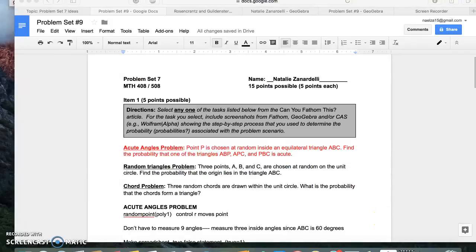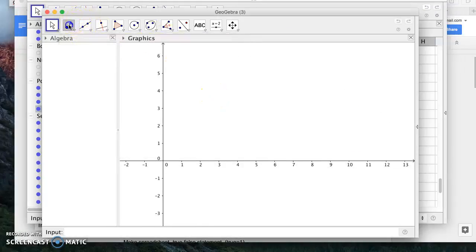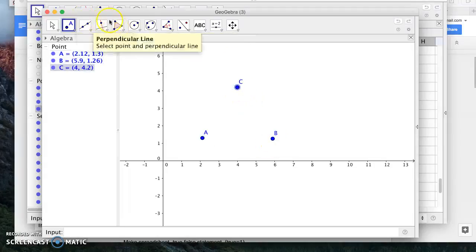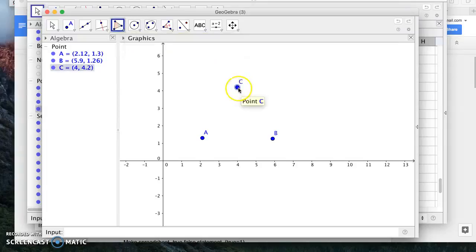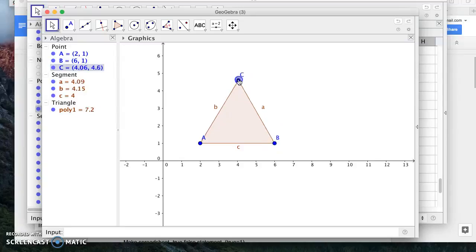So first, I decided to make the triangle ABC. So I'm just going to make 3 points here and make a triangle. And I'm going to make sure that they're lined up correctly, so it looks nice.